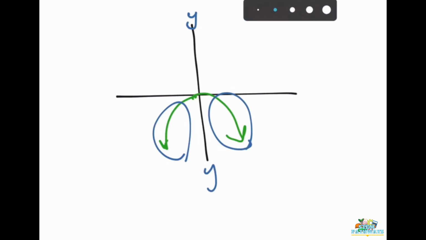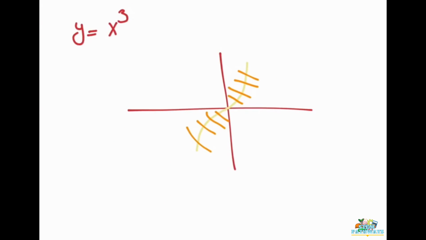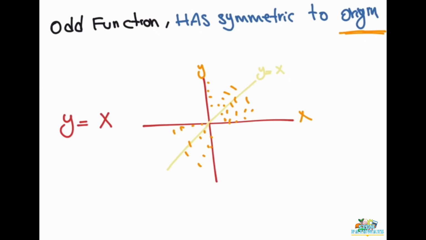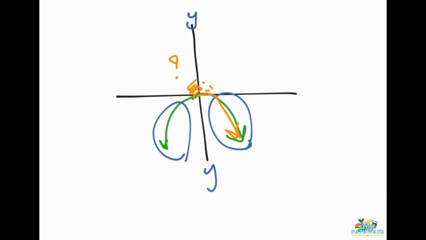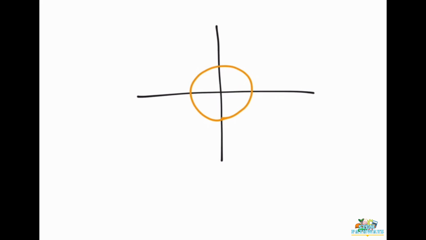However, you don't see the same thing in the origin. For example, here you have a graph, but exactly on the other side of the origin you have nothing. Based on this take-home message, this cannot be an odd function, but it is an even function because it has symmetry to the y-axis.